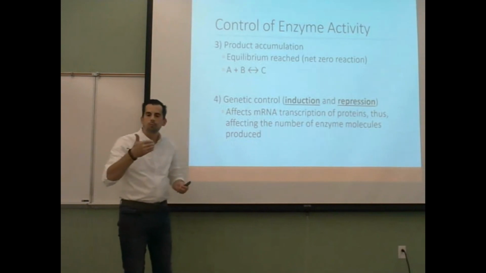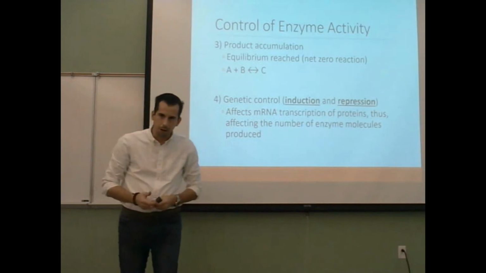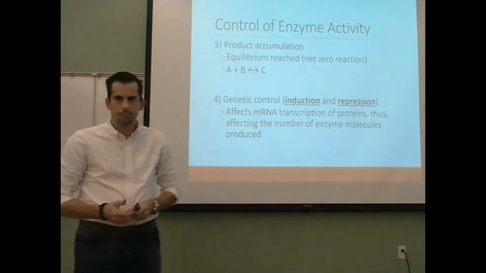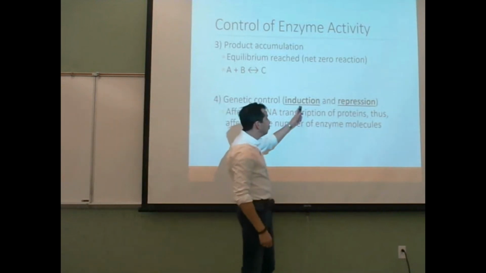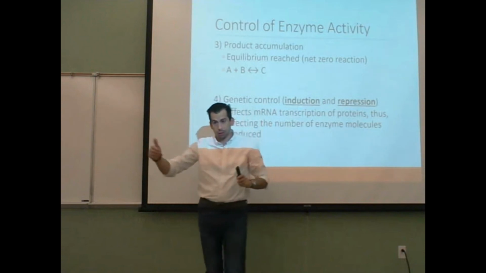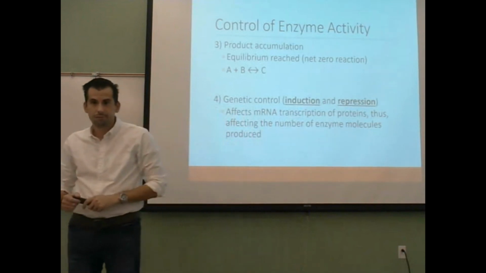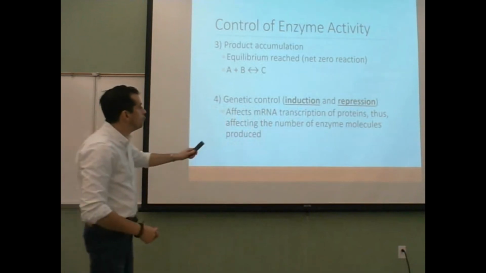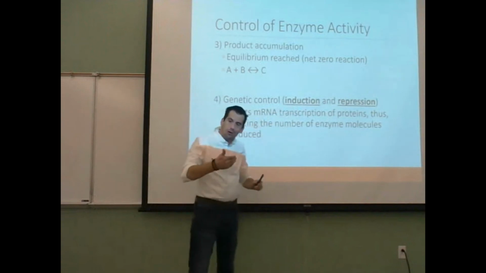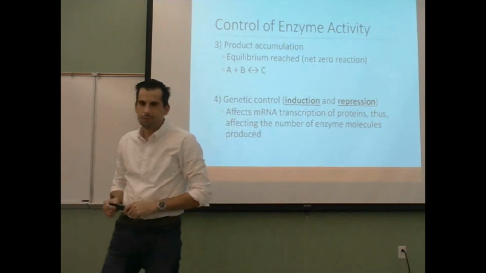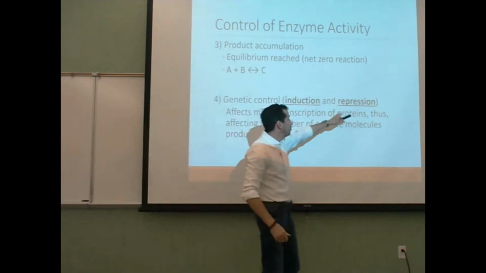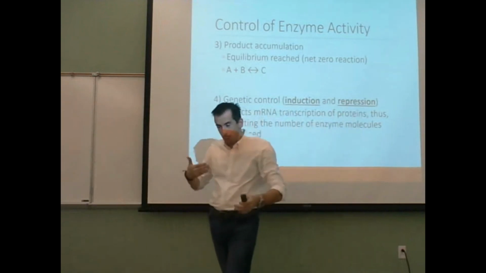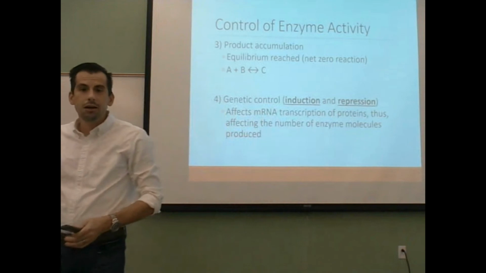Let's talk about making your car stop again. If you induce the gas pedal, it's going to accelerate. If you induce the brake pedal, it's going to decelerate. If you repress the gas pedal, take your foot off the gas, it's going to decelerate.